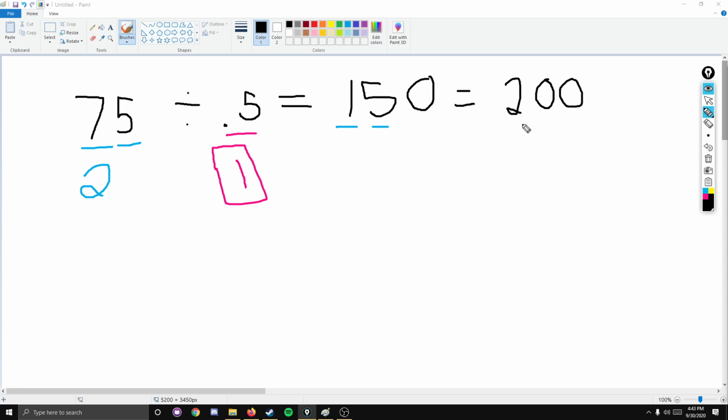Right. The reason this is 200 is because this 5 rounds up. This leaves only 2 to be significant, while these zeros are not. So here we only have 1 significant digit. So that is our answer.